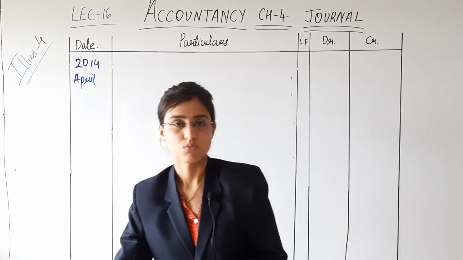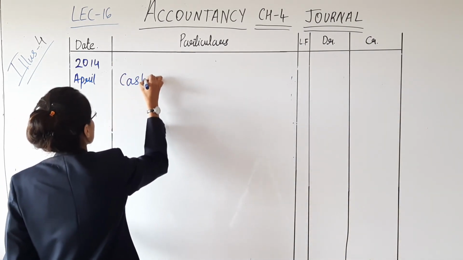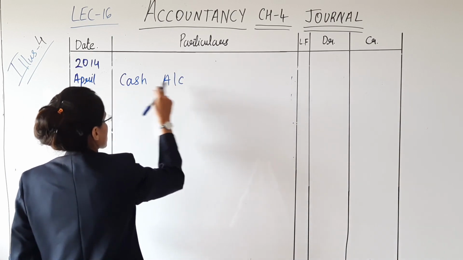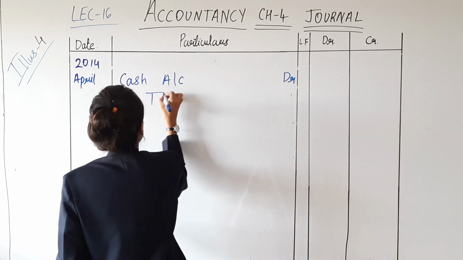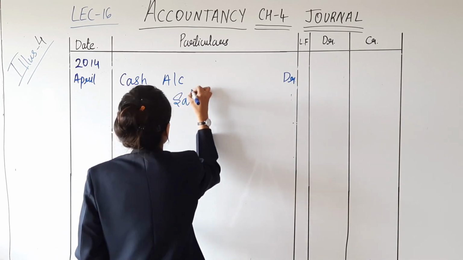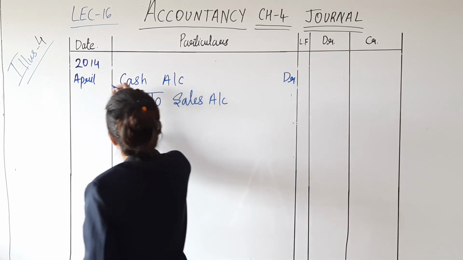So cash account debit, debit what comes in, to sales account. Let me write down the amount and date.